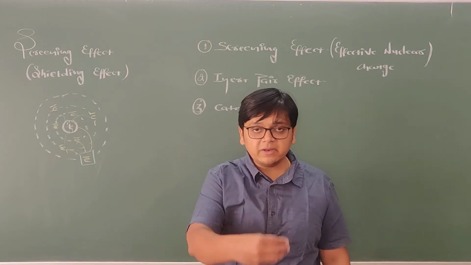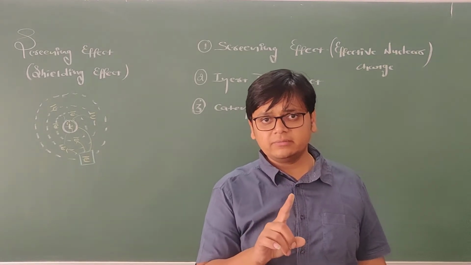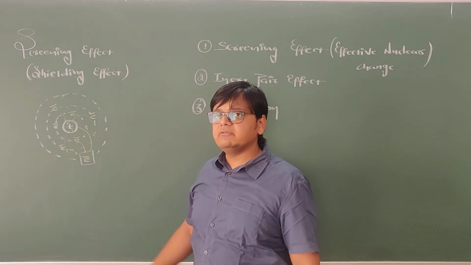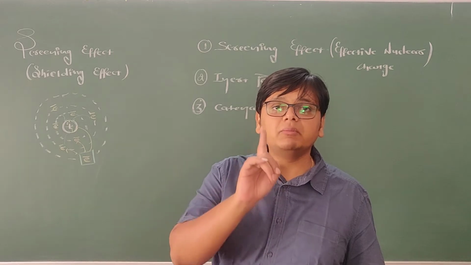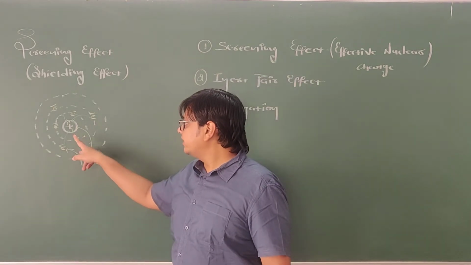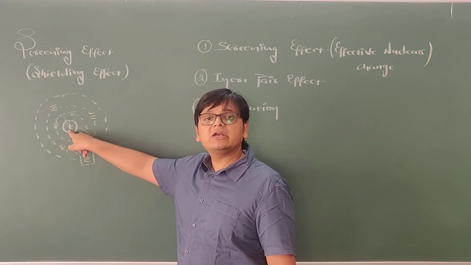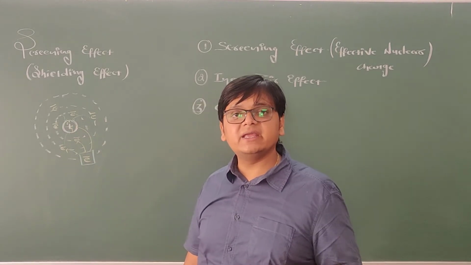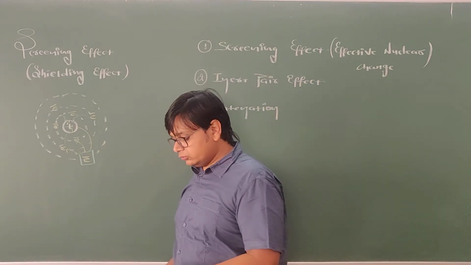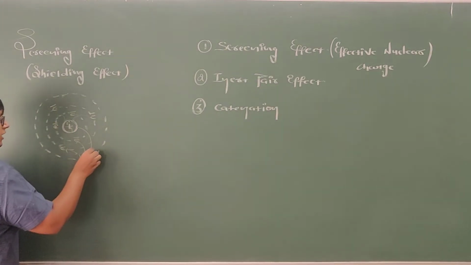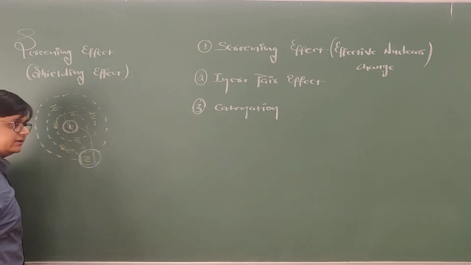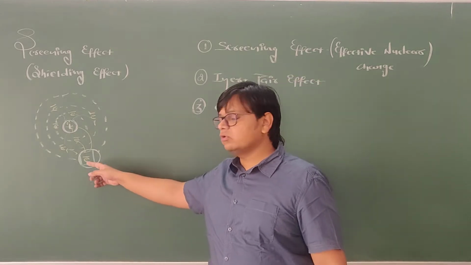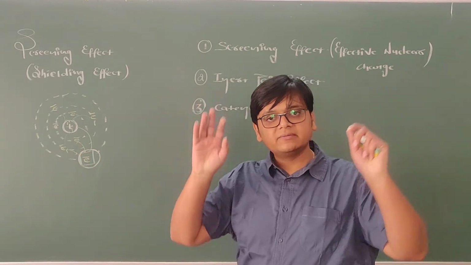Again explaining the same. At some point, the repulsion between electrons will be more than the attraction between electron and proton. This is called the screening effect. Due to the screening effect, the last electron will remain maximum repelled.